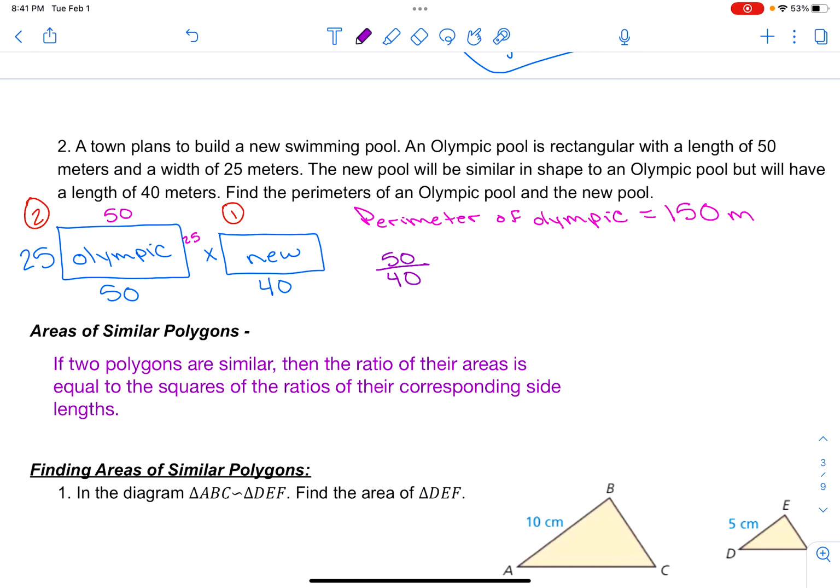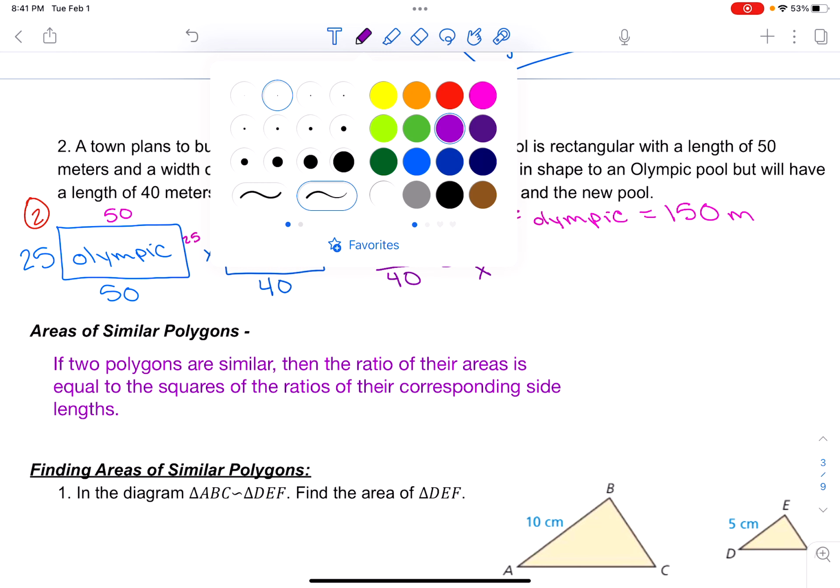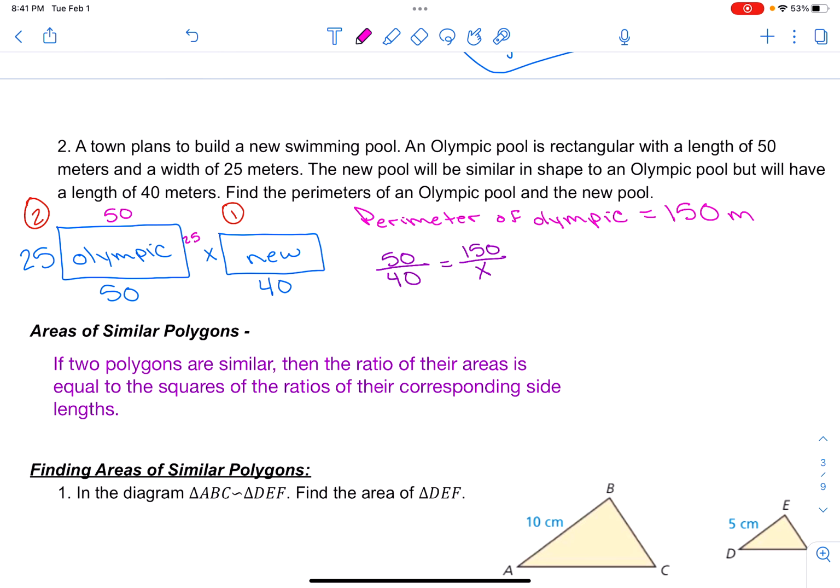So the length of the Olympic was 50 and the length of the new is 40. And then the perimeter of the Olympic is 150, and then we don't know the perimeter of the new.